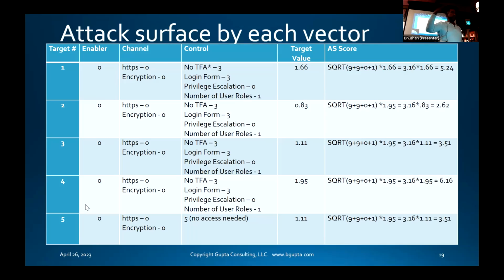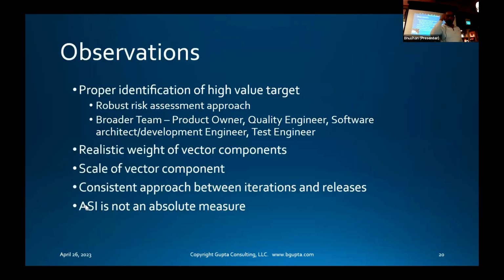Which targets are more valuable than the others, and then out of those targets, what are the different values of the components of the vector, so that I can understand the attack surface? If you take that approach and add all those numbers, you will get an attack surface index.